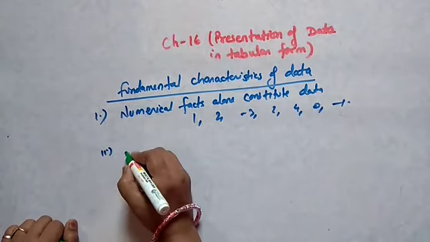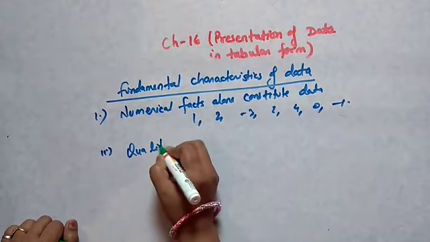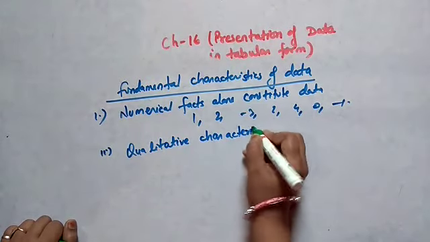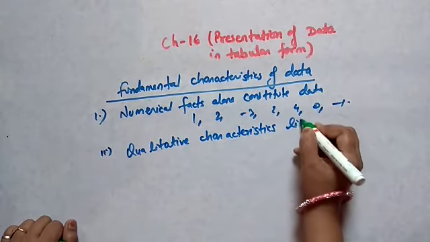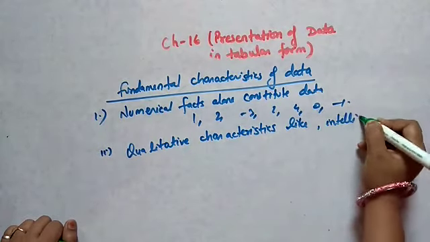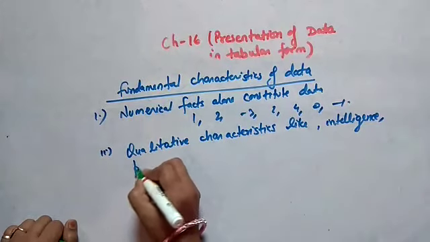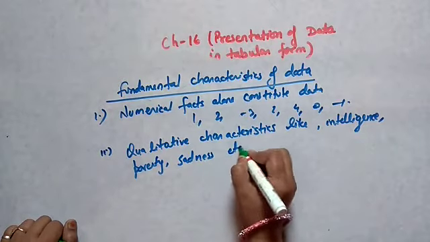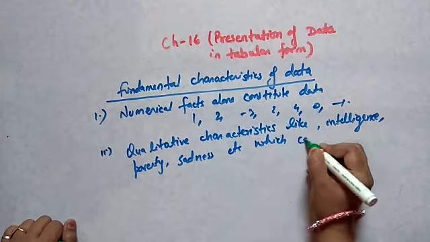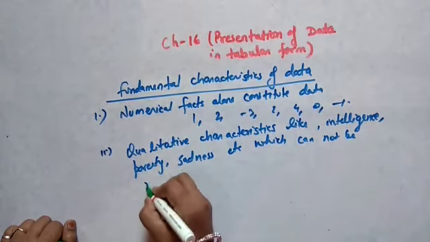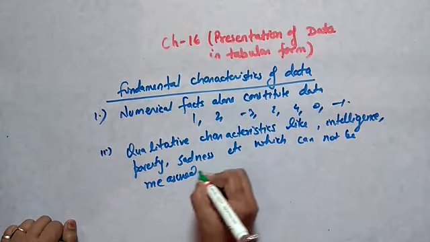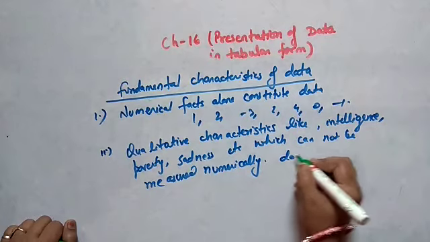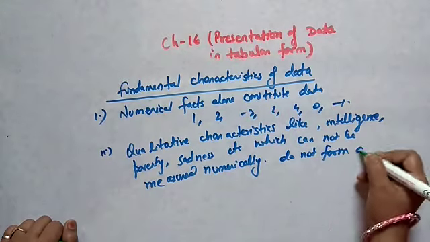Number 2, qualitative characteristics like intelligence, poverty, sadness, etc., which cannot be measured numerically, do not form data.